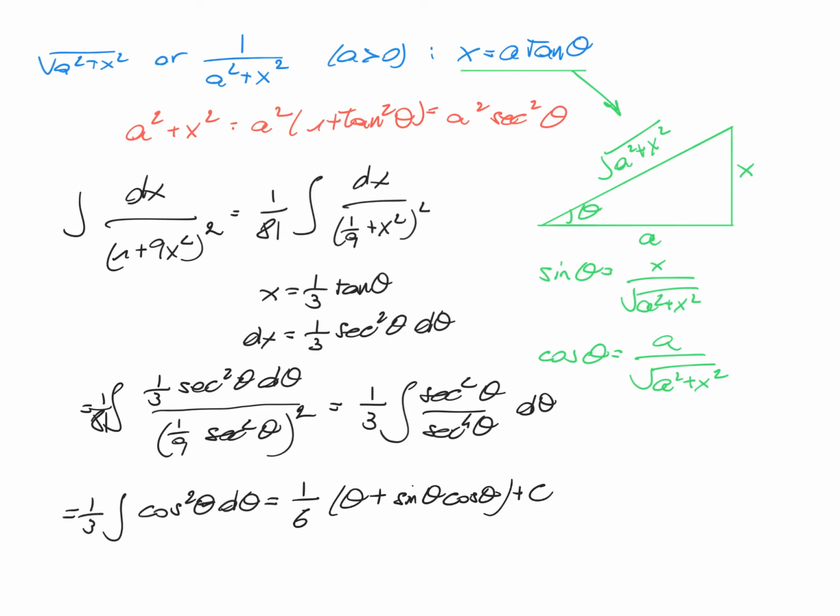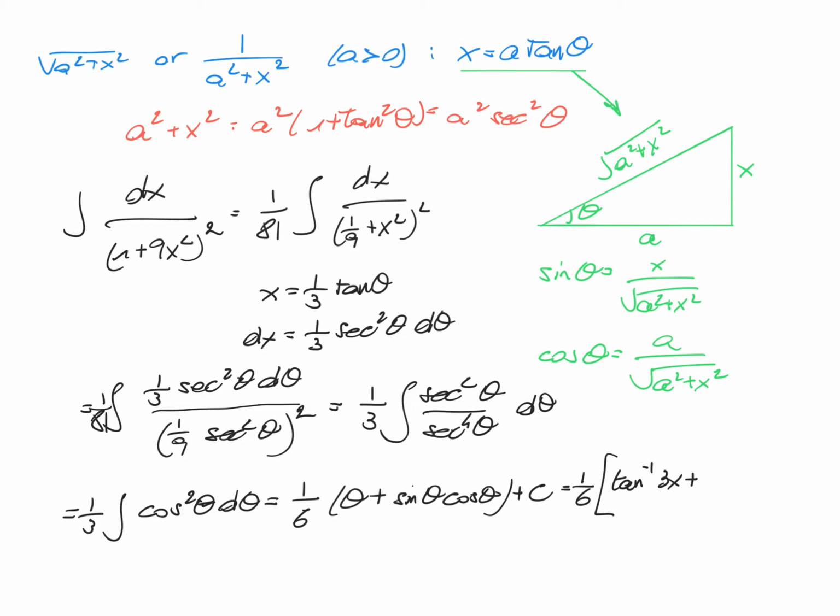And then finally we have to replace the thetas. So this is 1 over 6. Theta is the inverse tangent of 3x. So this becomes tangent minus 1 of 3x. And now we have to use the formulas for the sine and the cosine. And we use then that a is 1 over 3.